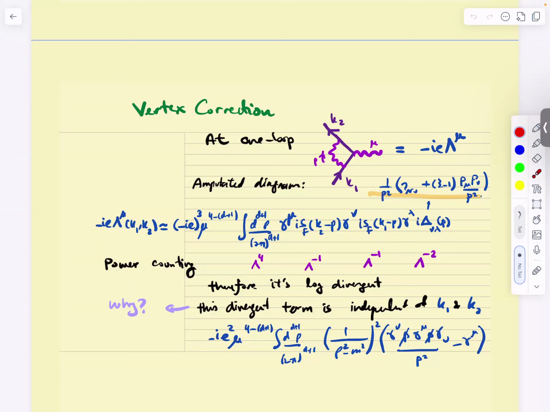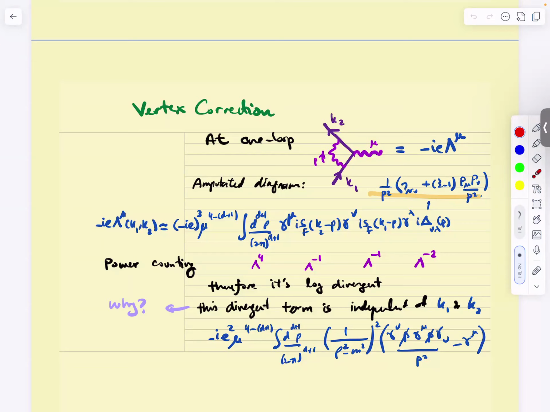Let me just, in a couple of minutes, say a few words about the last diagram of QED. So the last diagram of QED is this diagram. Now, this is the most involved one, and there are a whole bunch of things that are important about this diagram. So what was this? This was minus i e gamma mu.